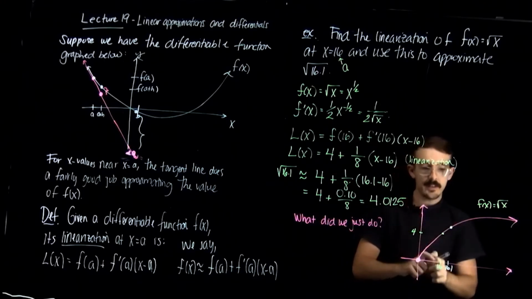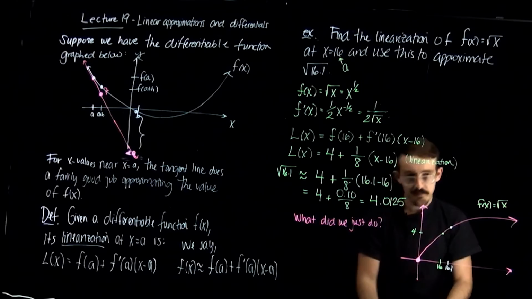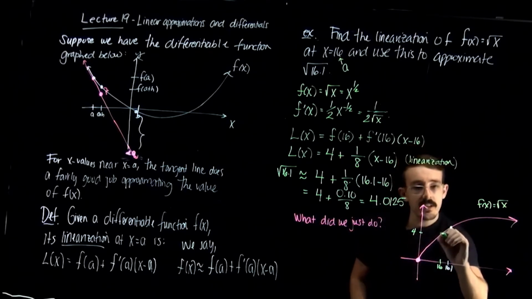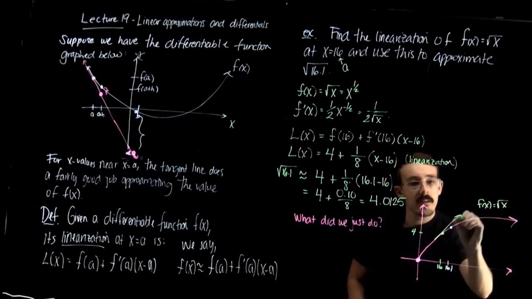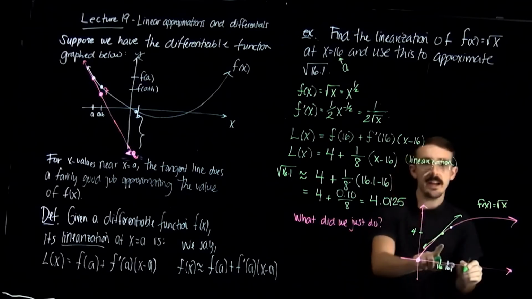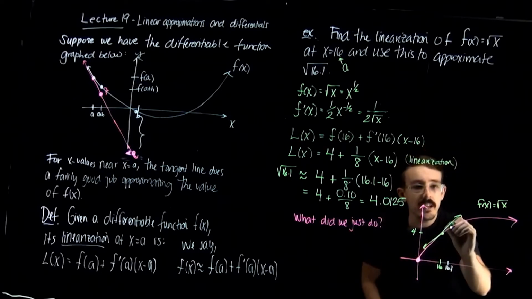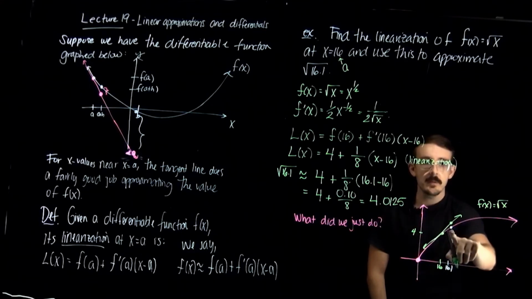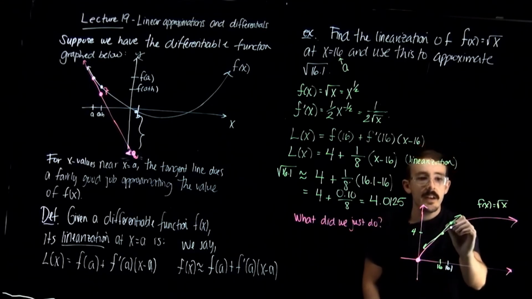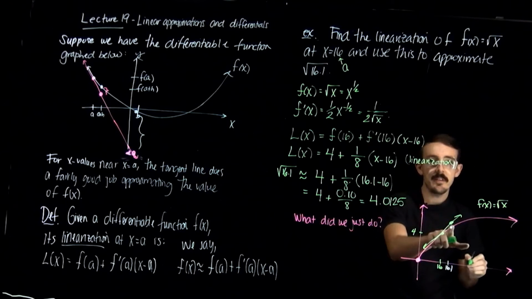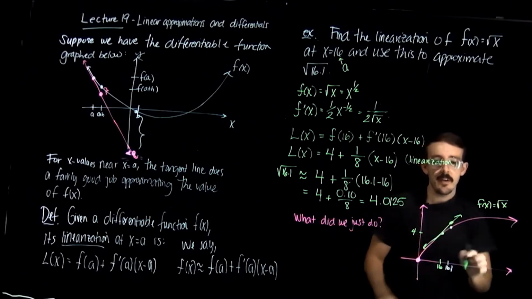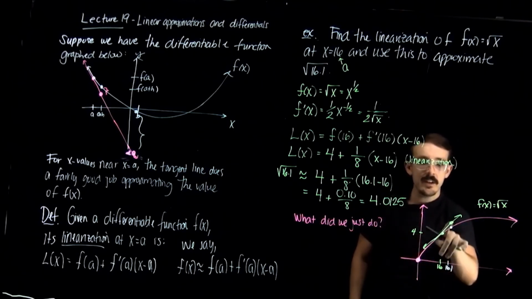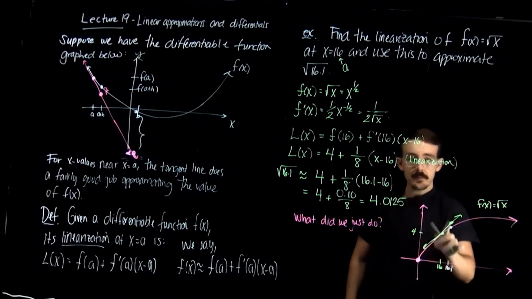So this is the square root of 16.1. Here we have this tangent line at x equals 16. And right here, just above this value of the square root of 16.1, is the value that we found on the tangent line. Because we're very near 16, this is close.